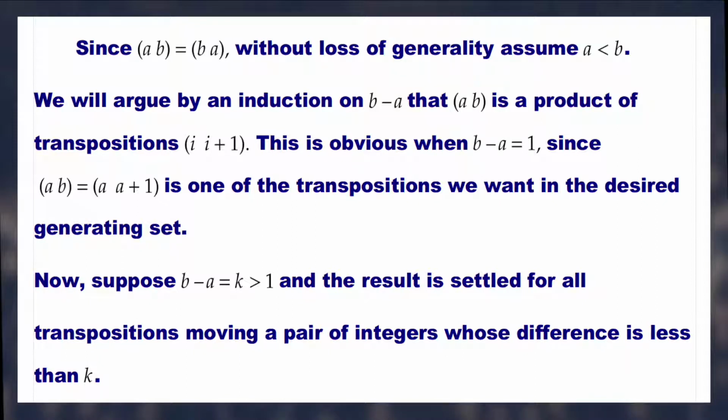This is obvious when b minus a is equal to 1, since (a b) is equal to (a, a plus 1), one of the transpositions we want in the desired generating set. Now suppose b minus a is equal to k, greater than 1, and the result is settled for all transpositions moving a pair of integers whose difference is less than k.